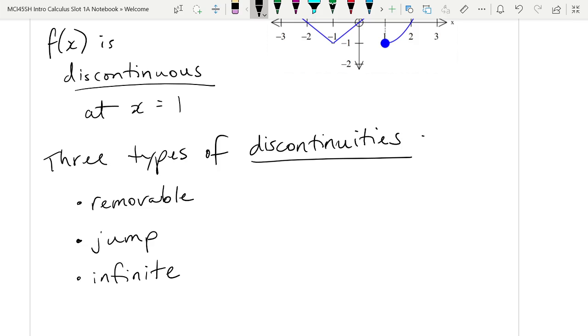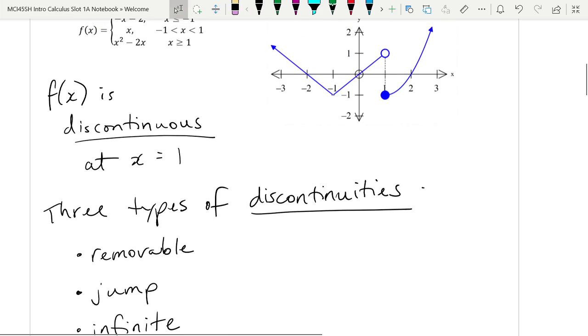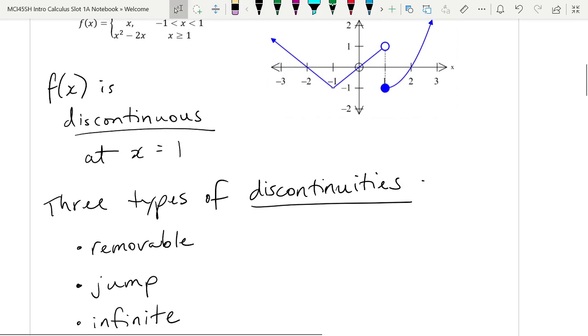And let's quickly define what those things mean. The one that we have here, you could probably guess. Guess which one we've got on our first example here. That's a jump discontinuity. And so let's talk about that one first.